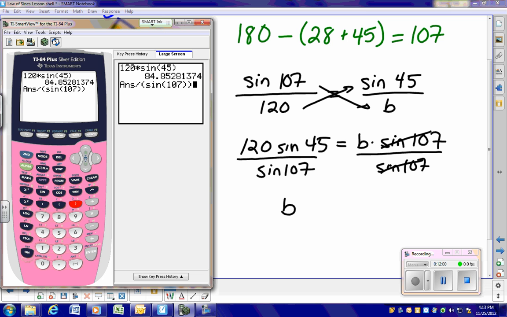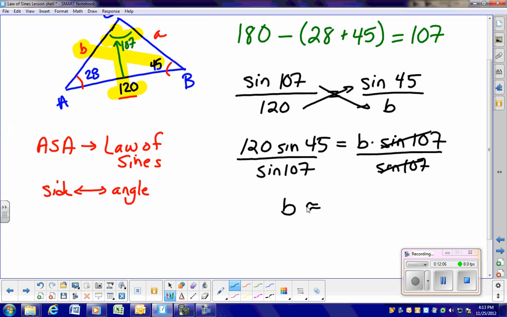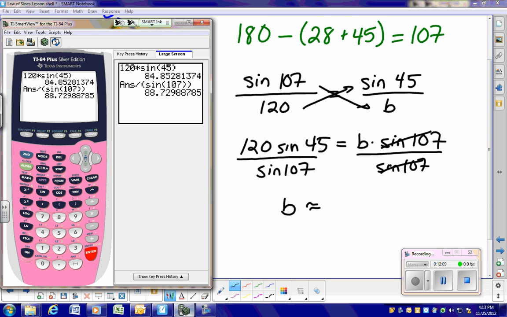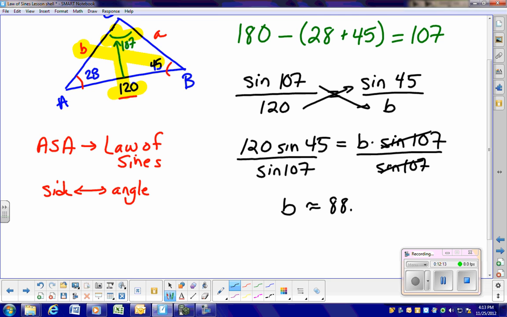Remember that I did put this into degree mode. These angles are measured in degrees, not radians. And so b is approximately 88.730. Three decimal places is definitely more than enough for us.